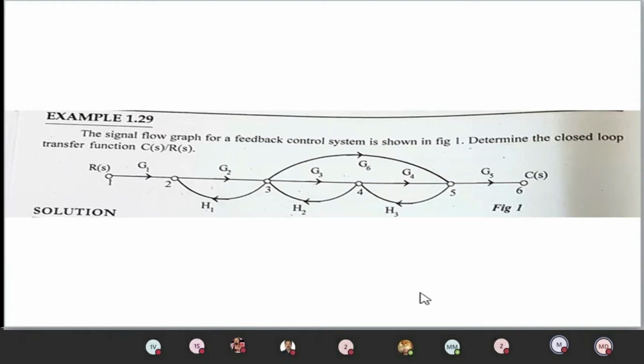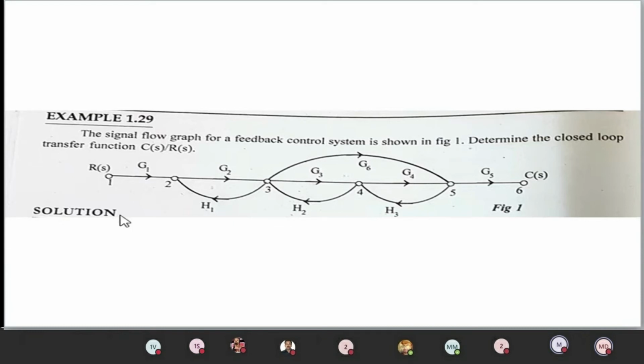Next, let us see how many individual loops it has. Please kindly understand, students, determining the individual loops is very essential, and you should not invite trouble in finding the individual loops, right? 2 to 3, 3 to 2, loop 1. 3 to 4, 4 to 3, loop 2. 4 to 5, 5 to 4, loop 3.